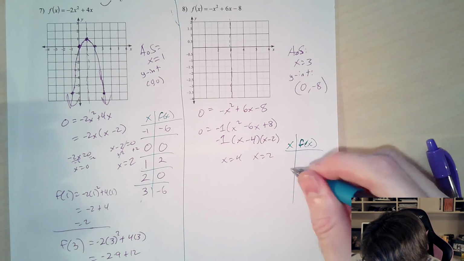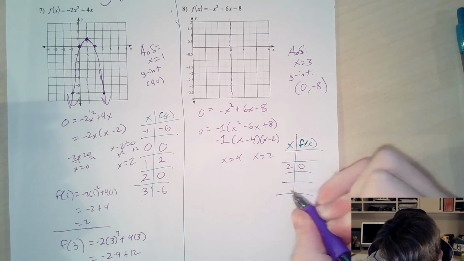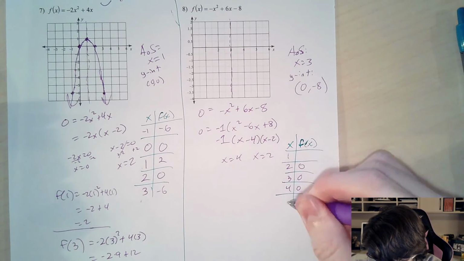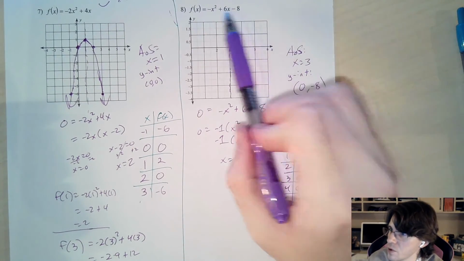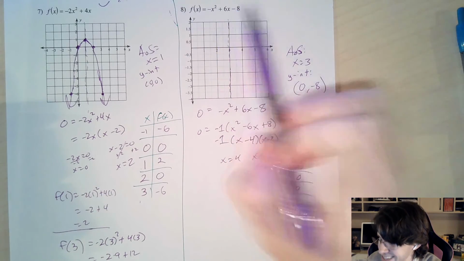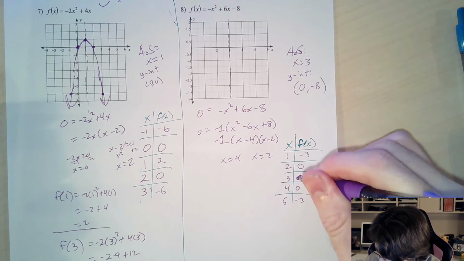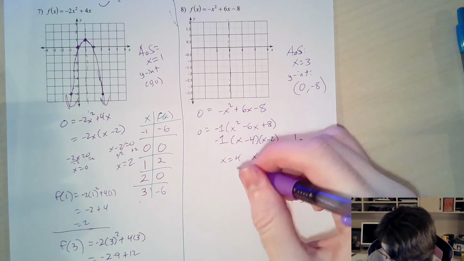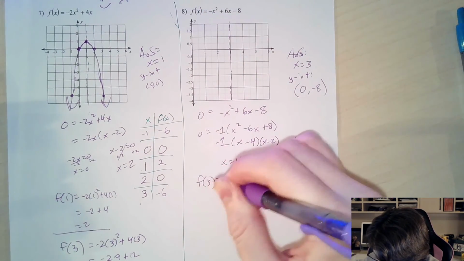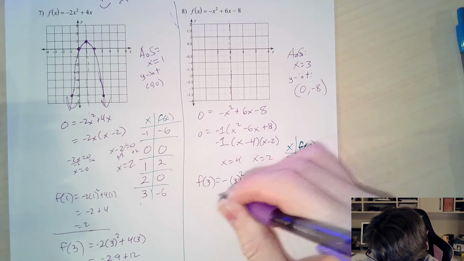So we have 2, 0, 4, 0, 3, 0. Good idea to plug in maybe a 1 or a 5. If you plug in 1 into this, negative 1 plus 6, that's plus 5, minus 8, that's negative 3. I don't know why I wrote 0 here. Not 0, if you plug in 3 there. If you plug in 3 into the equation, f of 3 is going to be negative 3 squared plus 6 times 3 minus 8.